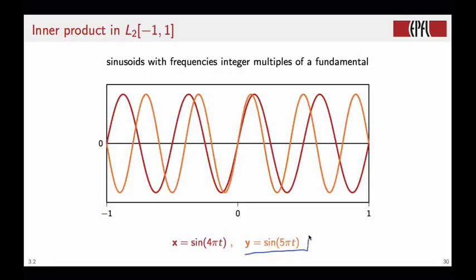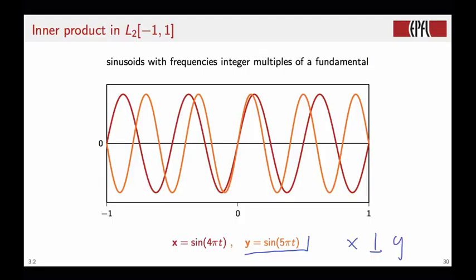You can see that these are integer multiples of a fundamental frequency, which is pi. What is not obvious at first is that these two vectors are also orthogonal. So I'm going to write it down because we're going to verify it. I claim that the inner product between x and y is going to be equal to 0.